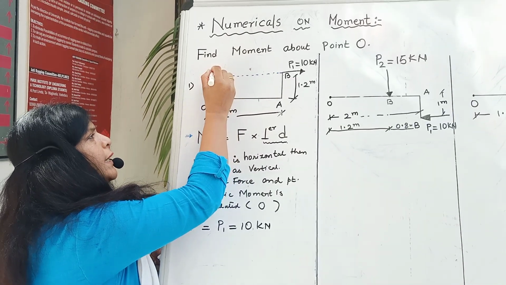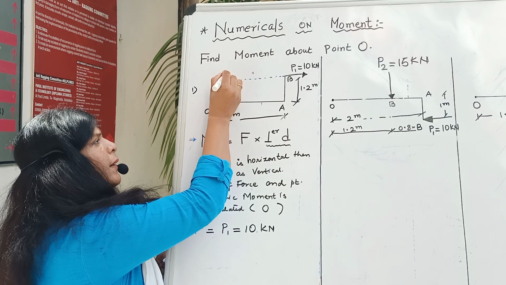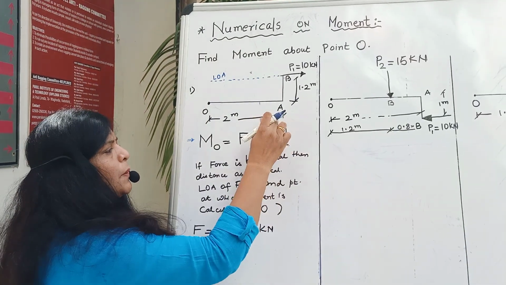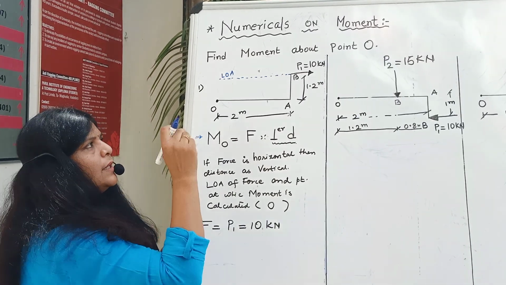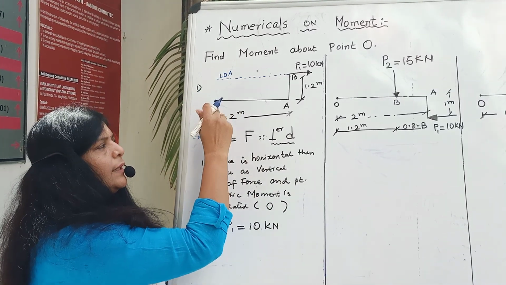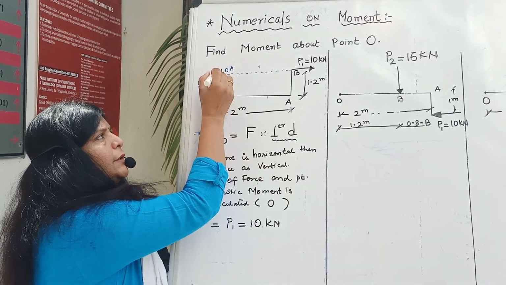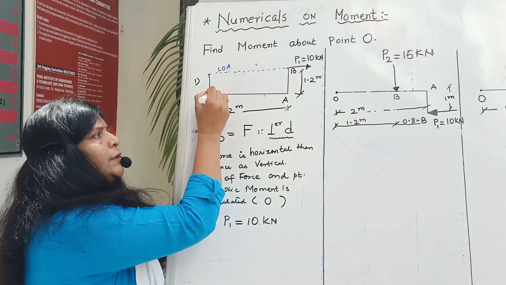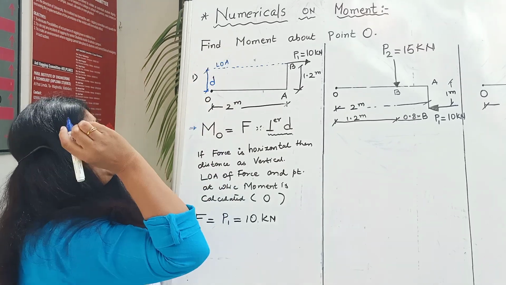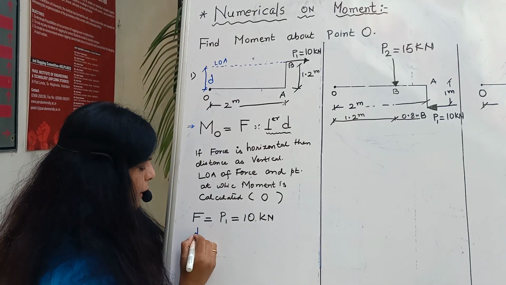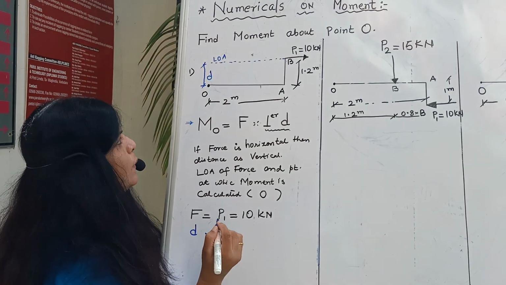So this is the LOA. Alright, now what is perpendicular distance? Perpendicular distance is the distance between line of action and the point where moment is to be taken. So this will be our perpendicular distance D.